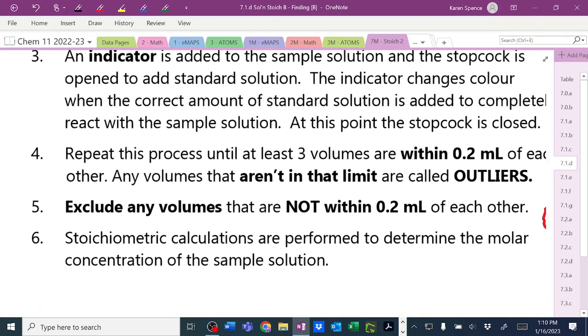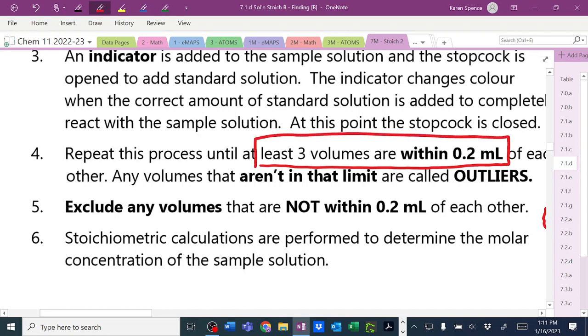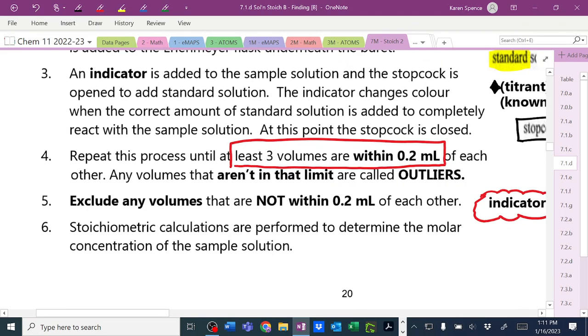You're going to repeat this until at least 3 volumes are within 0.2 milliliters. So that means you're doing at least 3 trials, maybe 4 or 5. Of course, if you do 3 trials and we're out of time, then you're like, okay, I'm out of time. Too bad. Okay. Eventually, you are going to take an average and you will exclude any volumes that are not within 0.2. And then we just do stoichiometry with it.